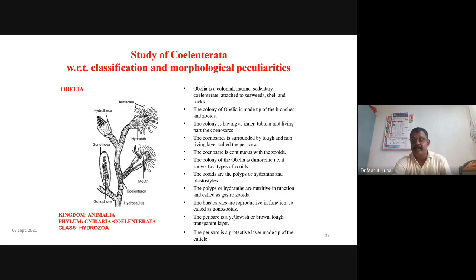The blastostyles are reproductive in function, so they are called gonozoids. That means two types of zooids are present in Obelia: gastrozoids and gonozoids. The perisarc is a yellowish or brown, tough, transparent layer. The perisarc is a protective layer made up of cuticle. This is about Obelia.